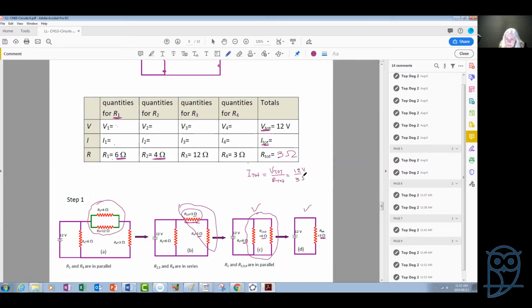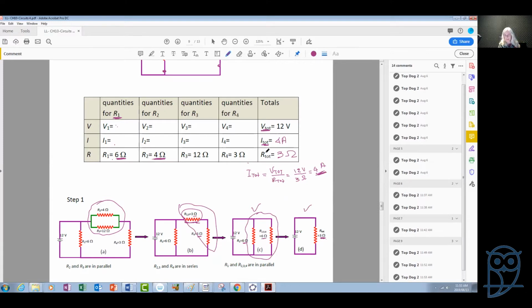This is volts. 12 divided by 3 is 4. So that is the first value. Hold it. Yes, 4 amperes. So we know that the total current here is 4 amperes.